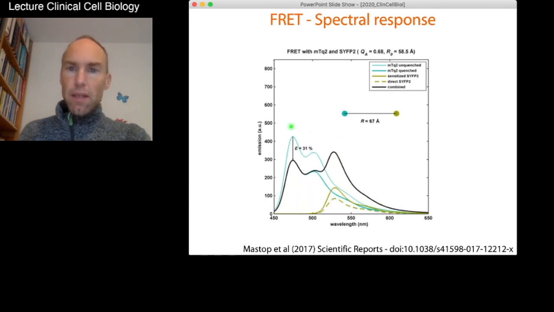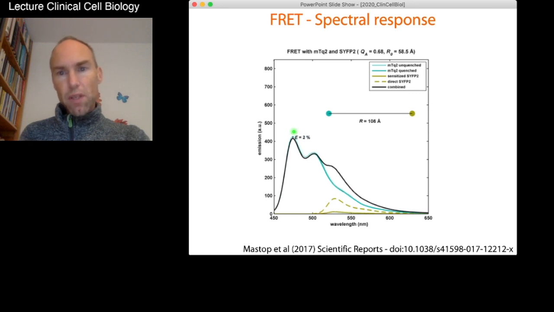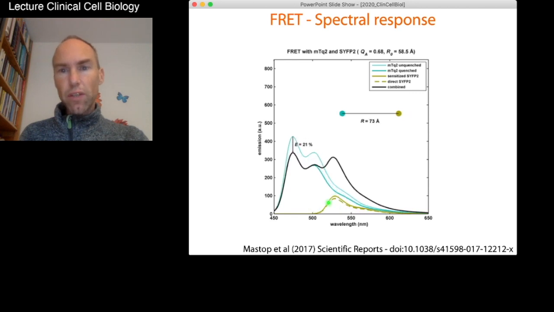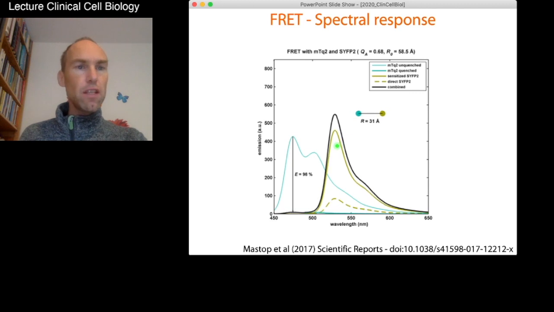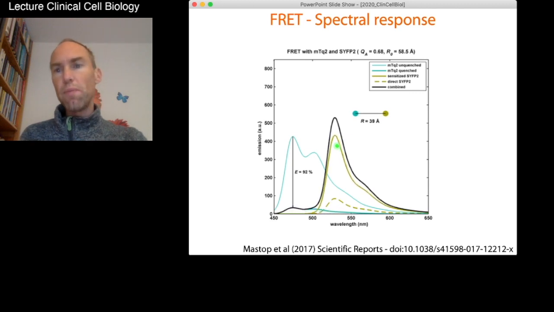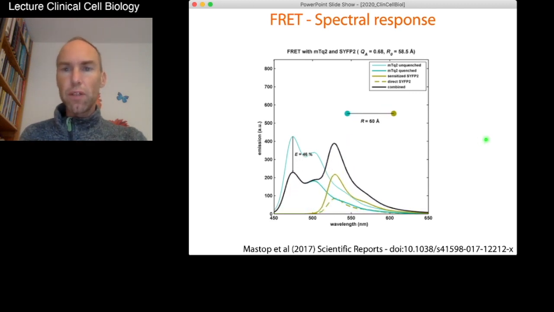Now this peak is the cyan signal that collapses when there is FRET, and on the other hand we have this yellow signal that increases when FRET occurs. And this is the readout that we will use to measure activity of the G proteins.